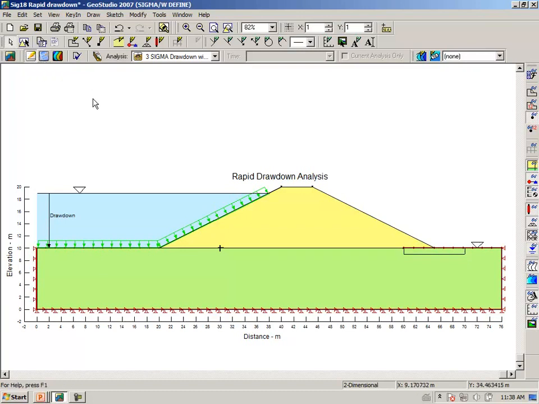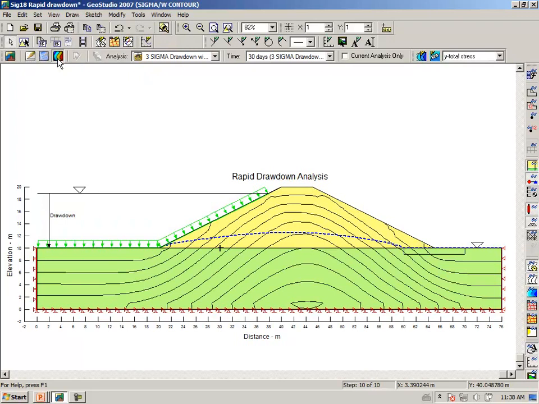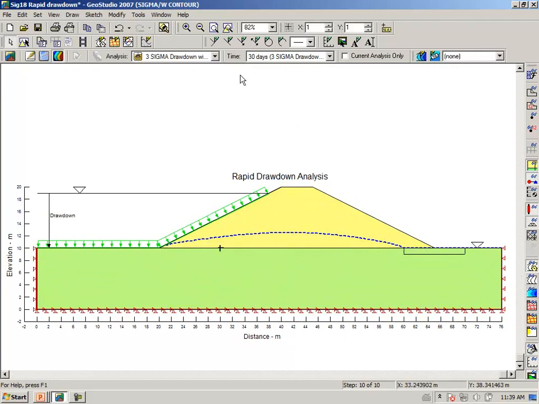We can click on Solve if the problem does not contain the solution. In my case here, I already have the solution, and we can now begin to take a look at the results. I'm going to turn off my contours, and go now to time 0. This was the starting case, and now we are drawing the reservoir down. This is after 1/2 day.